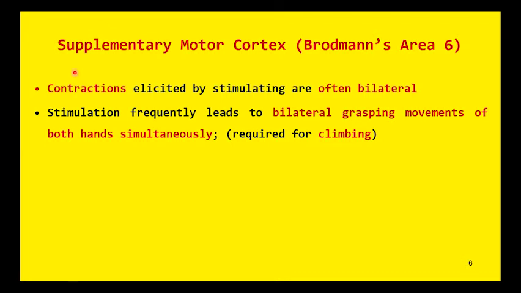Remember that all the bilateral movements, for example, movements required for climbing a rope with your hands. So these movements are bilateral. All such movements are controlled by the supplementary motor cortex.